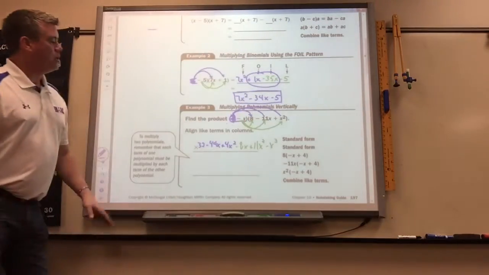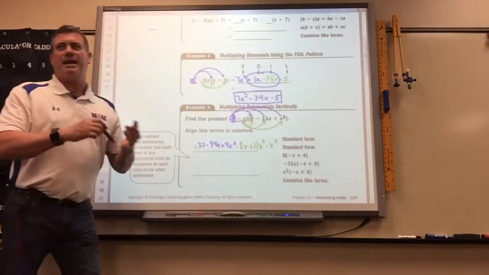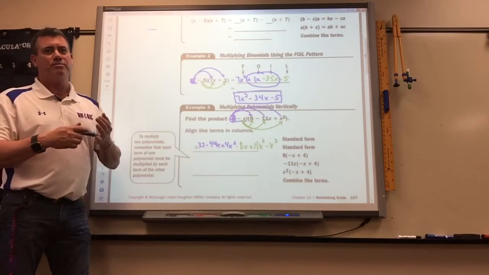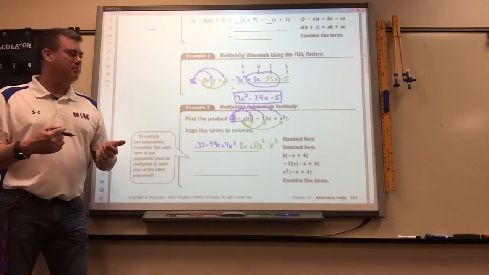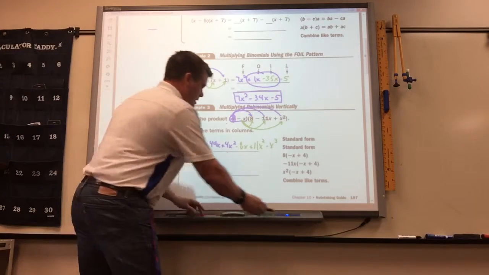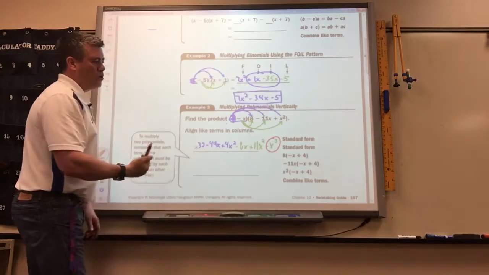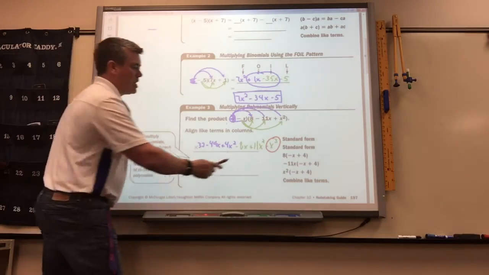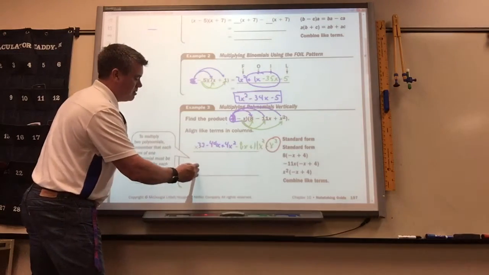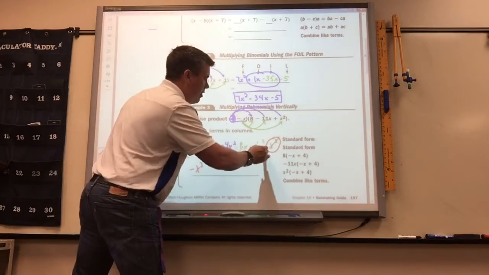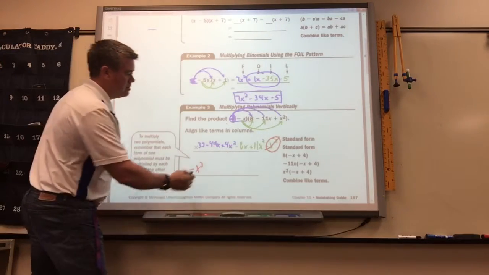When you write your final answer, it doesn't have to be in standard form. It's just the way I'll read them every time. So start with your biggest exponent, which is this one, and that's the only x cubed, right? So put that one first, keeping the sign in front of it. Then go on to the x squareds.